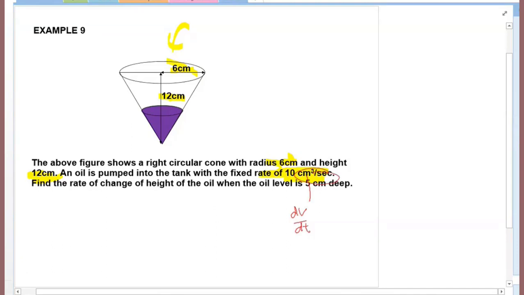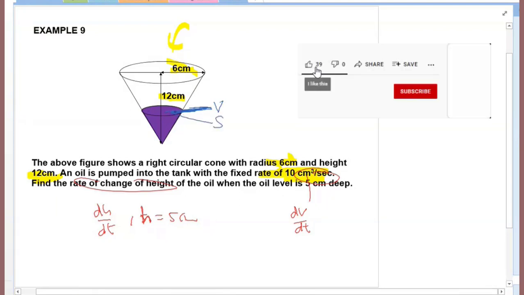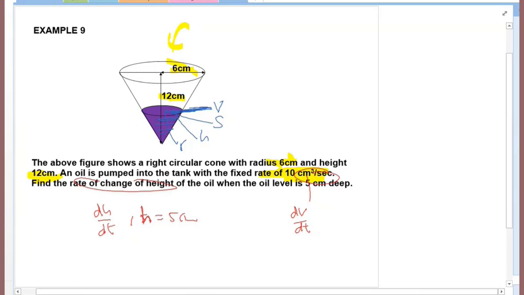Find the rate of change of the height, dH/dt, when the oil is at level 5 cm. The container is constant. What changes is the oil. The volume of the oil changes, the surface area changes, the height level of the oil changes, or the radius of the oil changes, right?